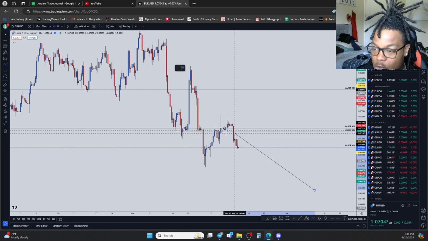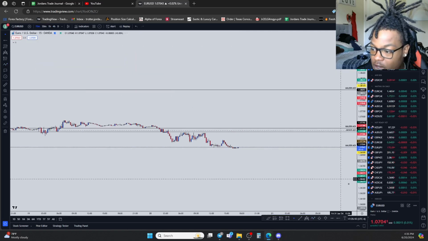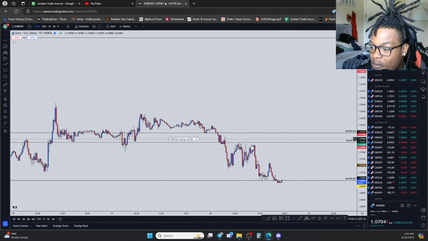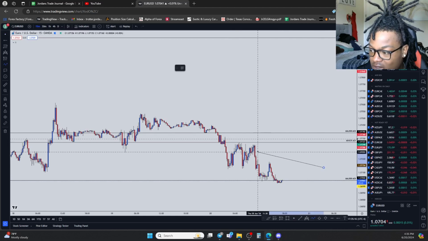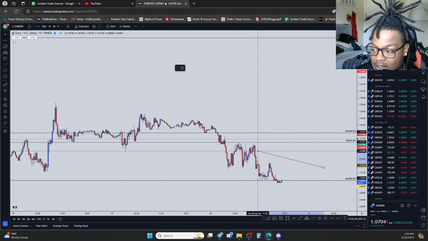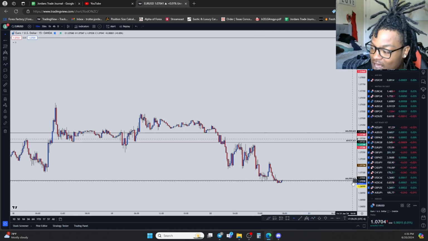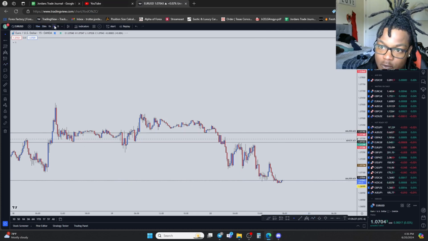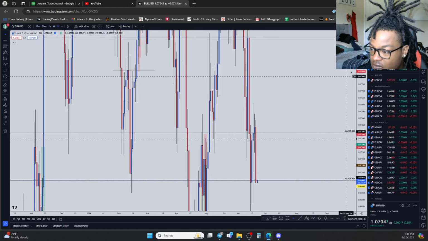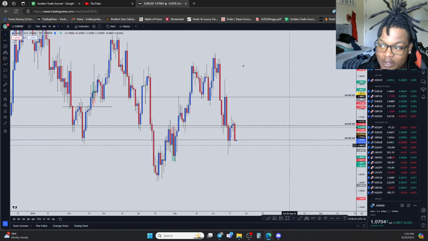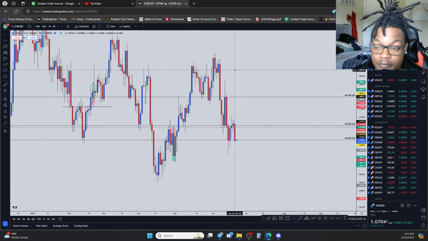Seeing that wick pullback, and then if I go towards the lower time frames, allow me to get some type of a 15-minute bearish engulfing entry, which again I would have entered off of that beautiful bearish engulfing candle. Stops just above my major zone, and then targets would have been my next major zone, 107.44. And as you can see, price fell straight to it. So both trades played out perfectly.